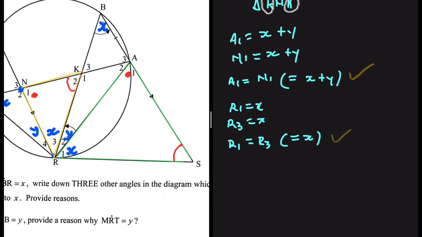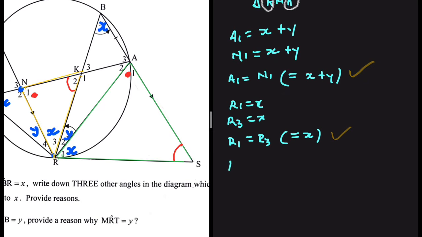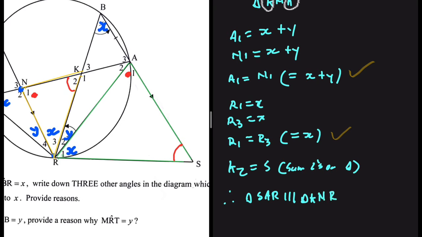We can just go ahead and say that angle K2 should be equal to angle S because of the sum of angles in a triangle. Triangle SAR is indeed similar to triangle KNR. Angle, angle, angle. All three angles are equal to each other in those two triangles.